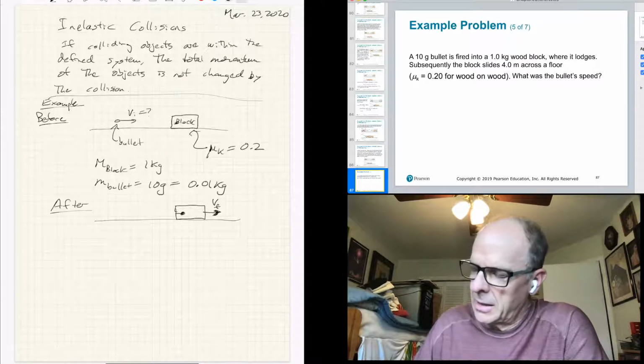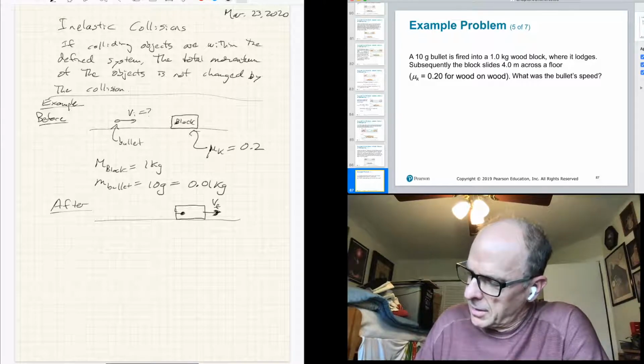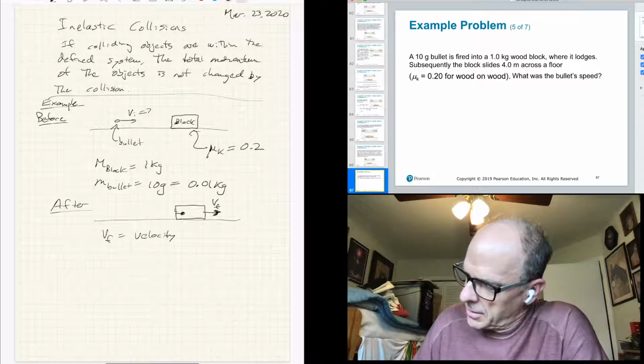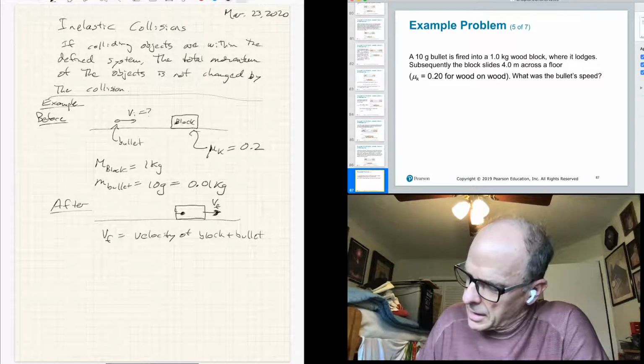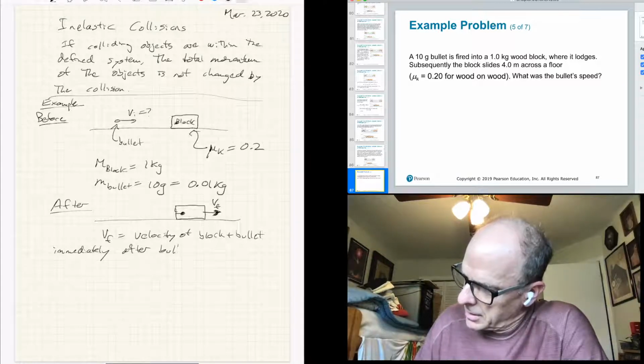That's the block. VF is the velocity of the block plus the bullet immediately after the bullet hits the block.